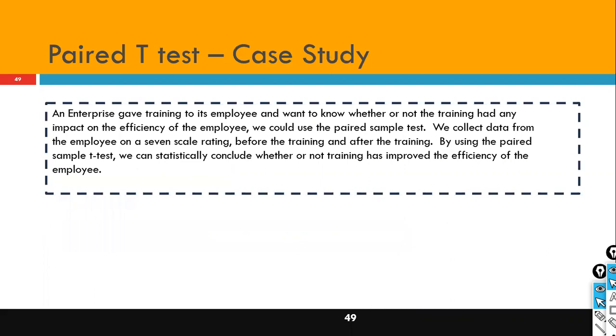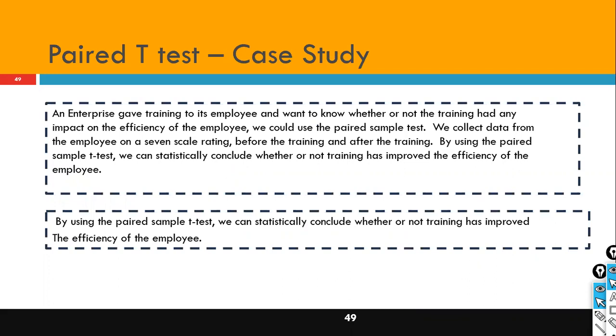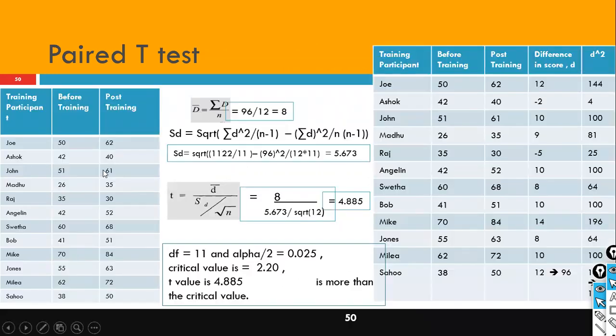Now the case study. Let's take a look at this one. It's online training and offline training. I don't want to read the story and bore you. Basically, we want to check before and after training what is the score of each employee.